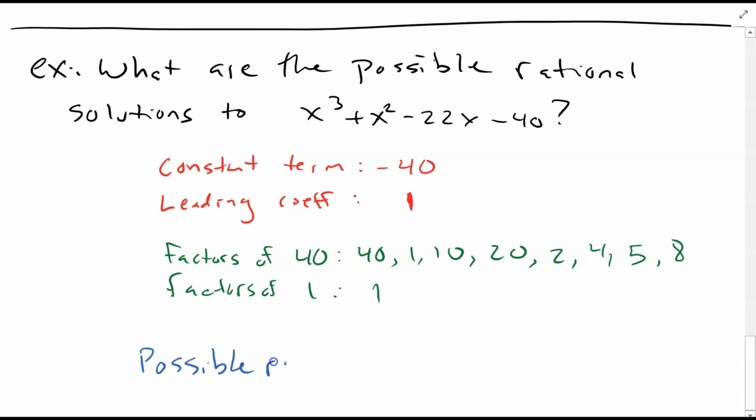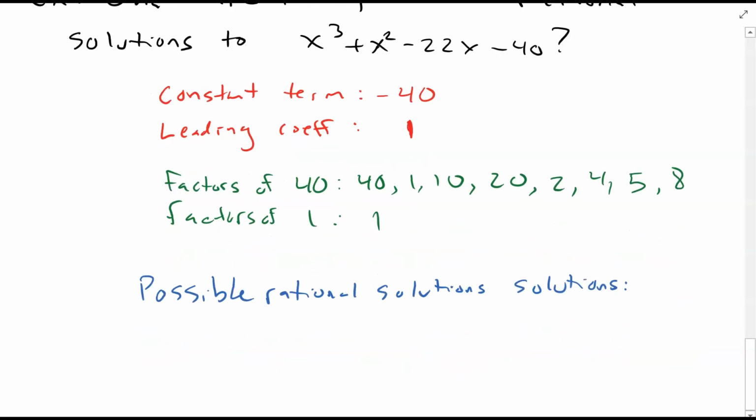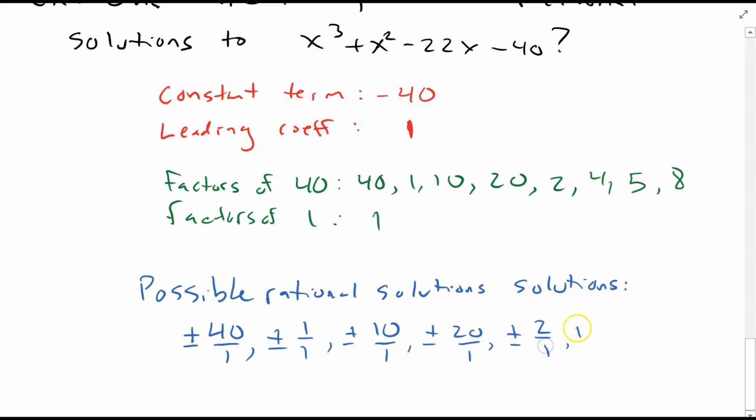So my possible rational solutions are plus or minus 40 over 1, plus or minus 1 over 1, plus or minus 10 over 1, plus or minus 20 over 1, plus or minus 2 over 1, plus or minus 4 over 1, plus or minus 5 over 1, plus or minus 8 over 1.